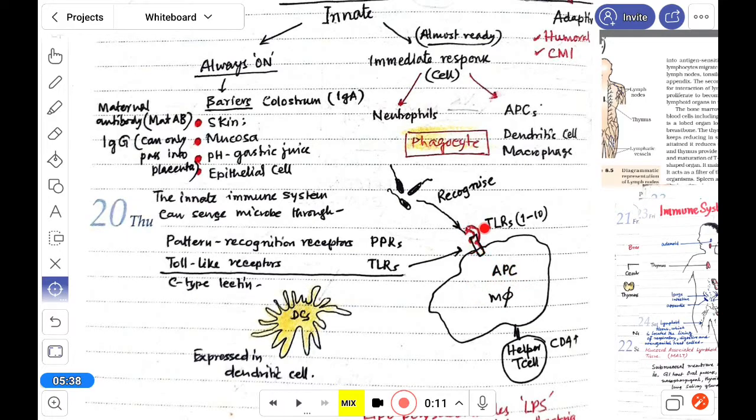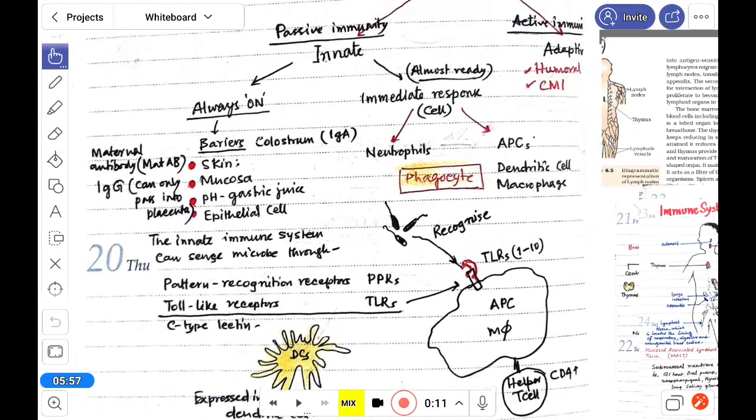Here one receptor is there, called the toll-like receptor, numbered 1 to 10. This toll-like receptor can recognize the antigen and immediately inform the helper cells, so it is much faster than the normal system.